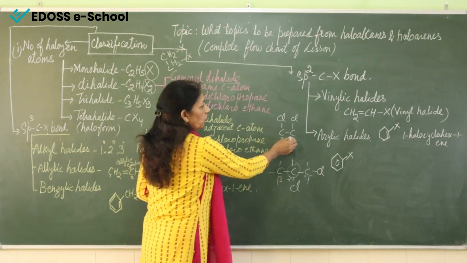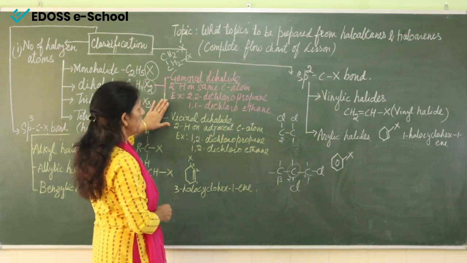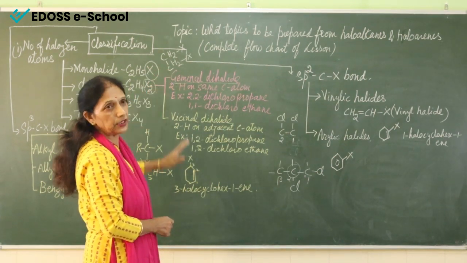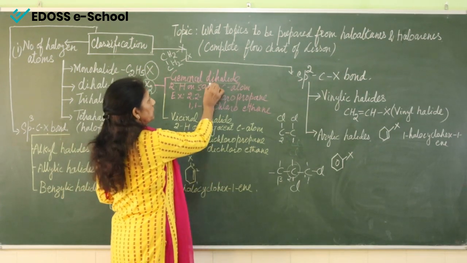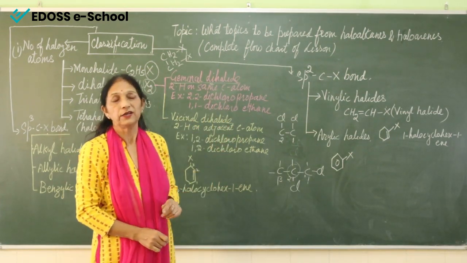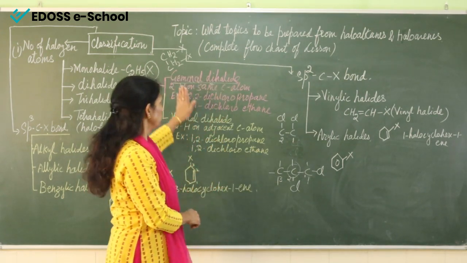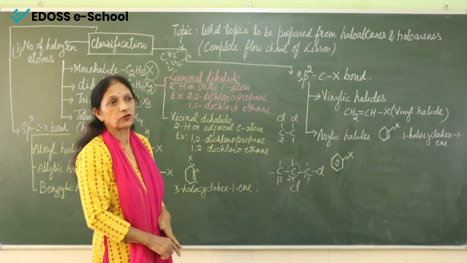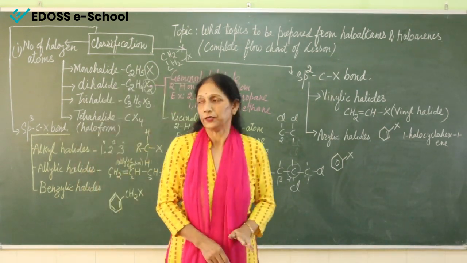It can't be 1 and 3. So this is vicinal dihalide and this is geminal dihalide. This is especially for dihalides. If both the halogens are present on the same carbon atom, it is geminal, and if they are present on adjacent carbon atoms, then it is known as vicinal dihalide.